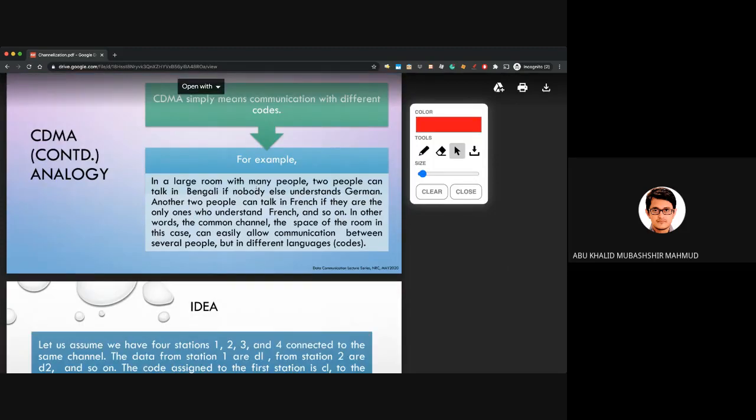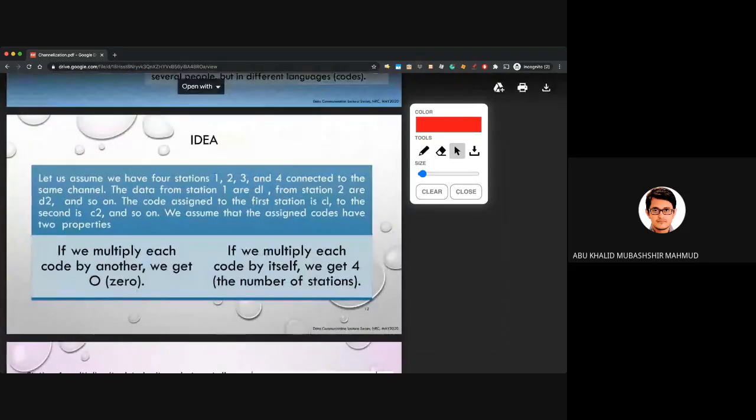So let's move on to the idea. Let us assume that we have four stations, 1, 2, 3, and 4, connected to the same channel. The data from station 1 are D1, the data from station 2 are D2, data 3, and so on.